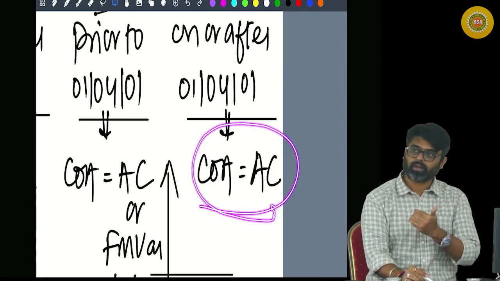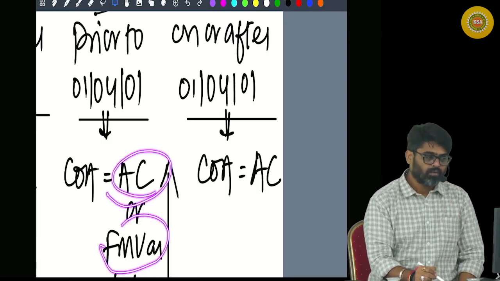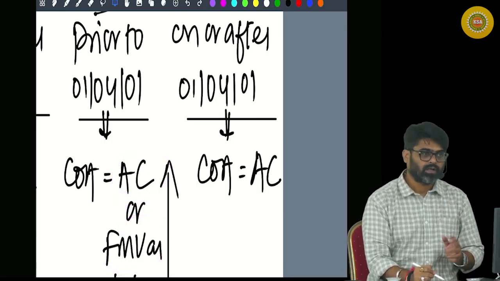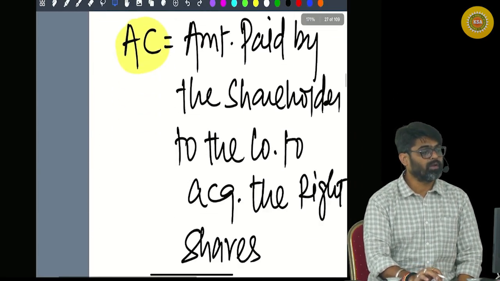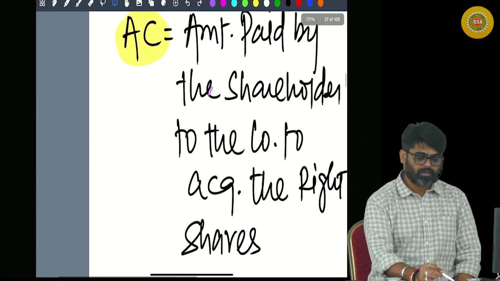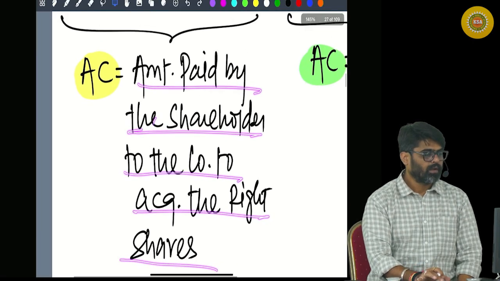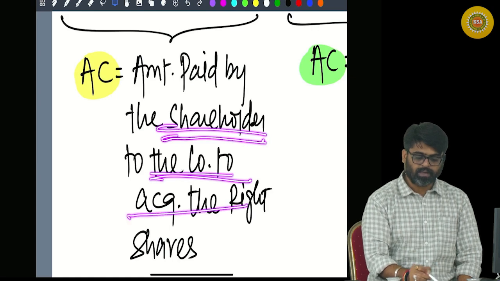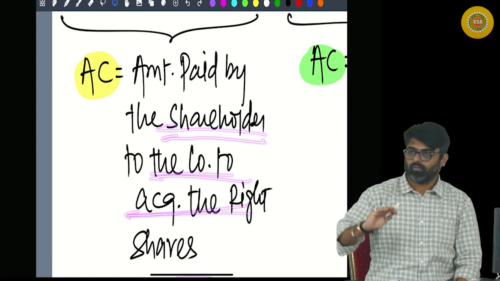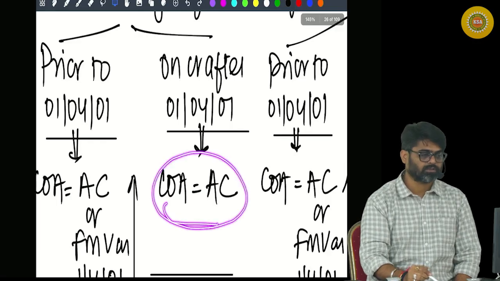And if I have acquired the shares prior to 1st April 2001, then 350 or fair market value, whichever is higher. What will be your cost if you exercise the right? Simple. The amount paid by the shareholder to the company to acquire the shares will be the actual cost, and that actual cost will be taken as your cost of acquisition.